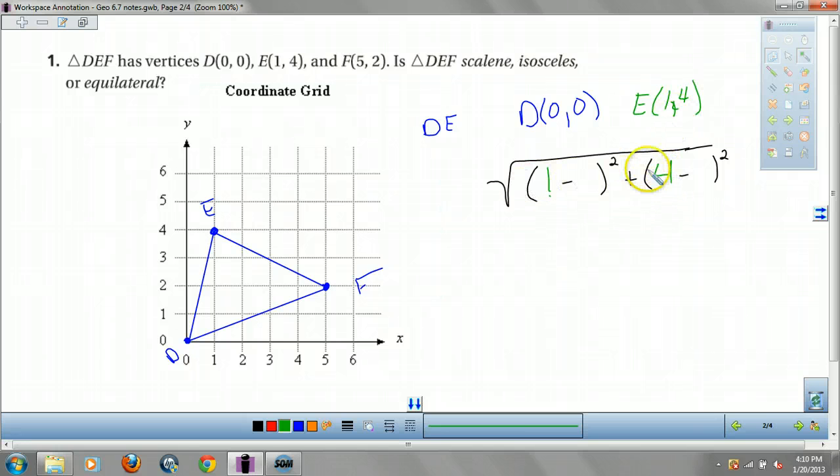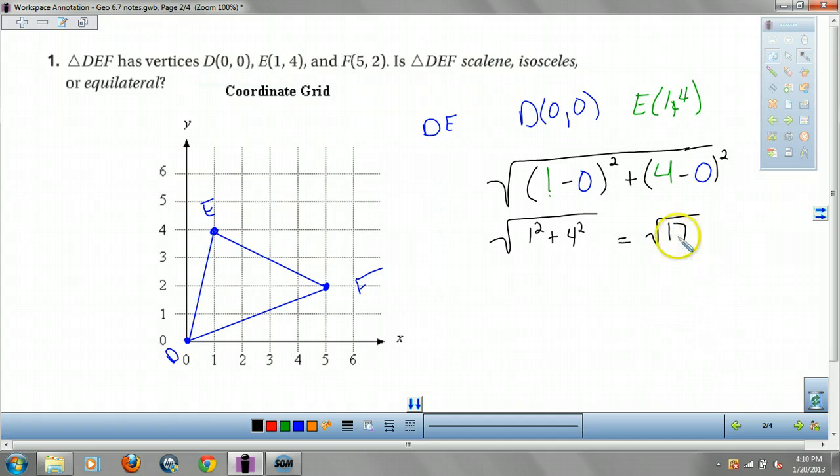See where I plug those in? So I end up with the square root of 1 squared plus 4 squared, which is the square root of 17. And we're actually done because we can't simplify this anymore. We'll do something quick over this tomorrow so we get used to simplifying.